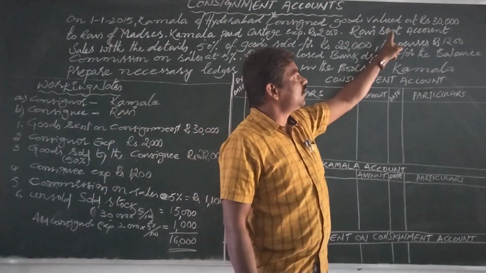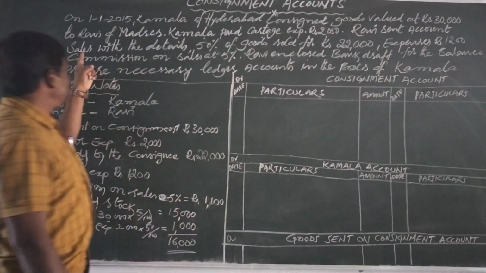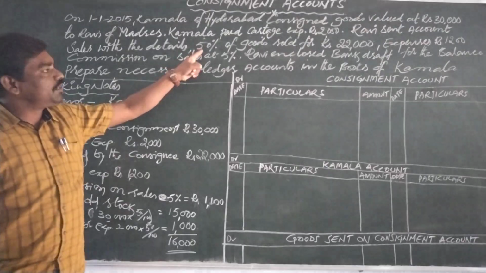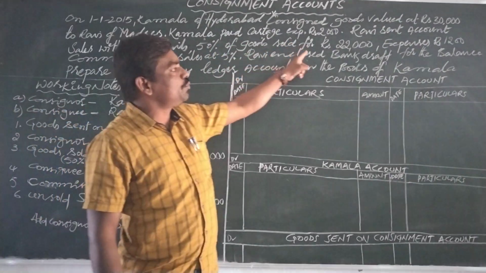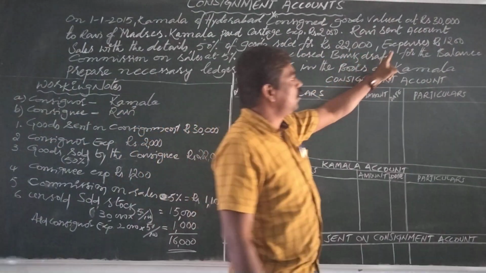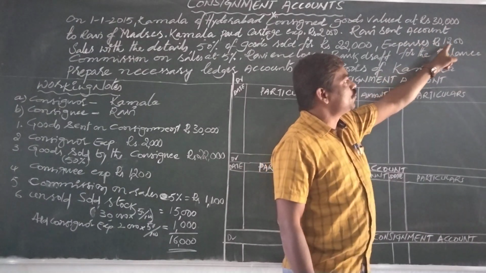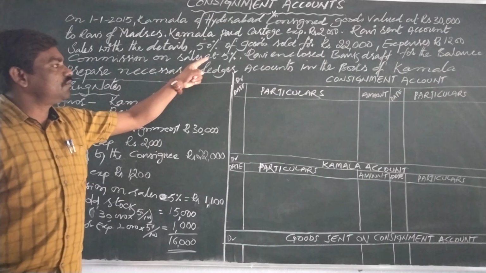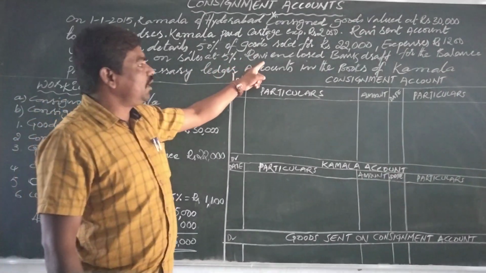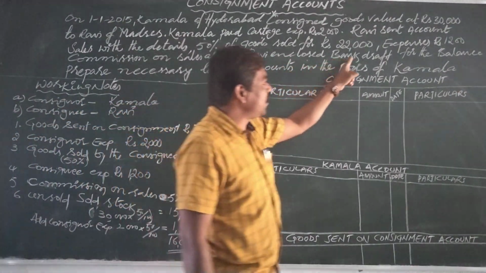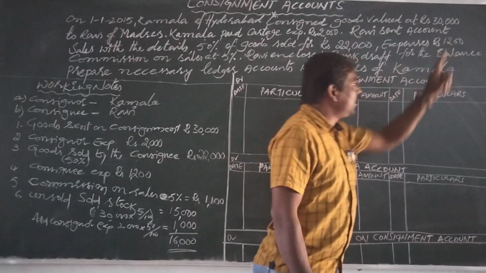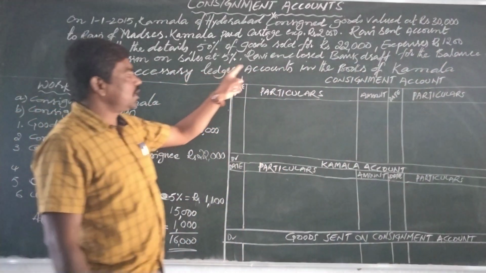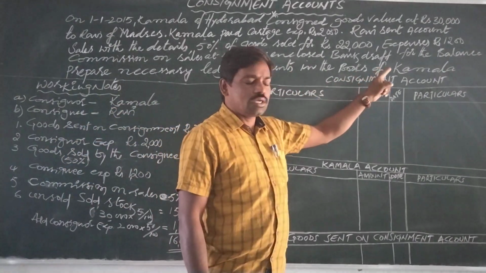Ravi sent account sales with the details. 50% of goods sold for rupees 22,000. Expenses rupees 1,200. Commission on sales at 5%. Ravi enclosed bank draft for the balance. Prepare necessary ledger accounts in the books of Kamala.